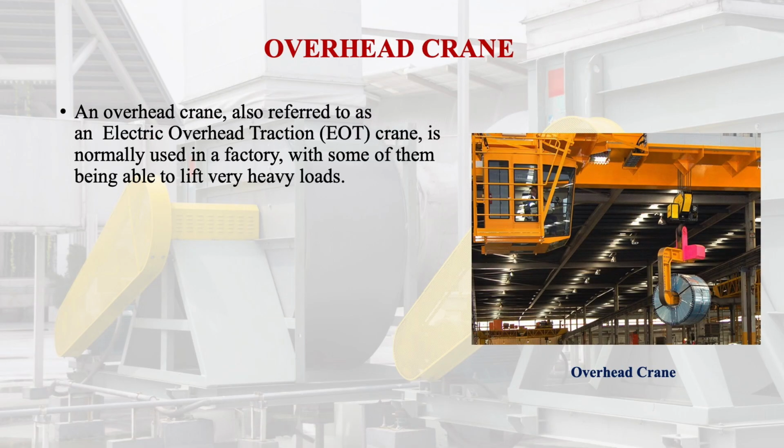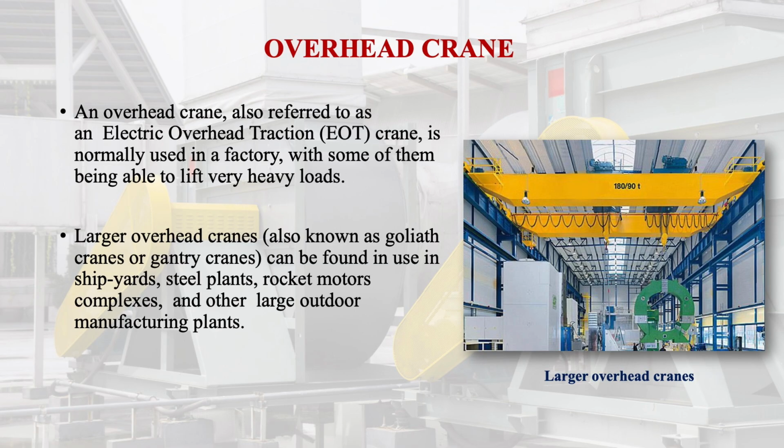An overhead crane, also referred to as an electric overhead traction crane, as discussed earlier, is normally used in a factory, with some of them being able to lift very heavy loads. Larger overhead cranes, also known as Goliath cranes or gantry cranes in the industry, can be found in use in shipyards, steel plants, rocket motor complexes, and other large outdoor manufacturing plants.